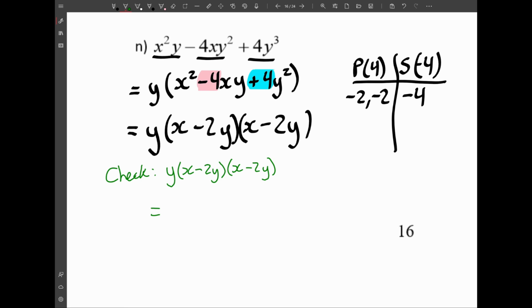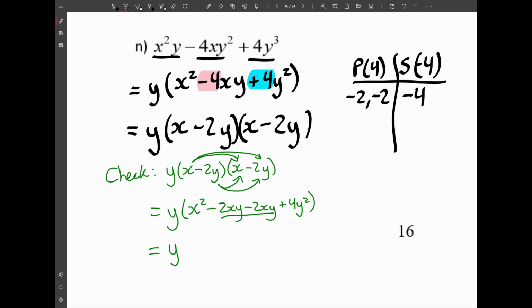We do our multiplication. First, I'm going to do the binomials. X times x is x squared. X times negative 2y is minus 2xy. Negative 2y times x is minus 2xy. Negative 2y times negative 2y is positive 4y squared.